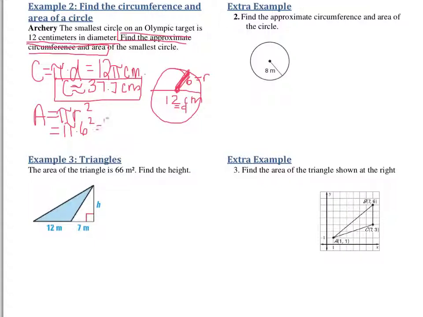Well, 6 squared is 36 pi, so we could say 36 pi centimeters squared. That's our exact value. And if you want a rounded value, put it in your calculator and you'll find your area is about, if you do 36 times your pi button, again, don't use 3.14, use your pi button, you get 113.1, and my units is centimeters squared.